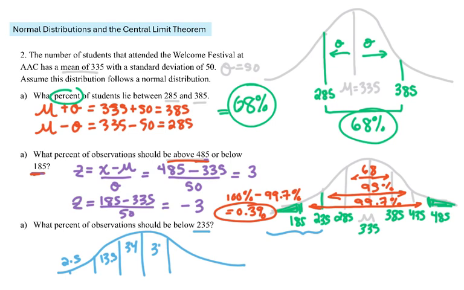And again, here's 34%, 13.5%, and if we include 3 and beyond, this is 2.5%. Here's the mean, and we've got 1, 2, 3 standard deviations away from the mean. Let's shade in what they're asking about. They're asking about being below 235, which this was 285, this was 235. So anything here is going to be exactly 2.5%.